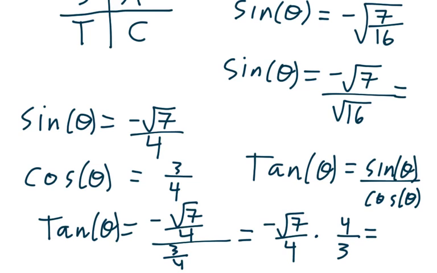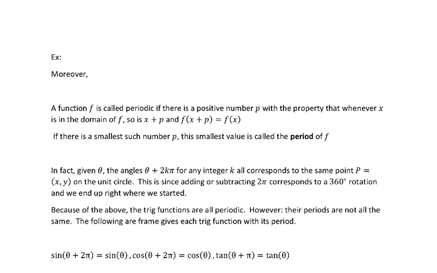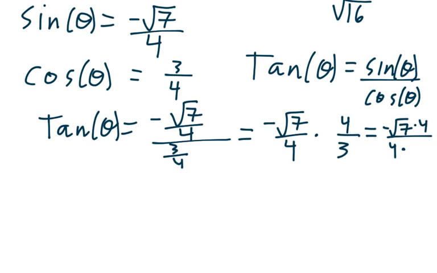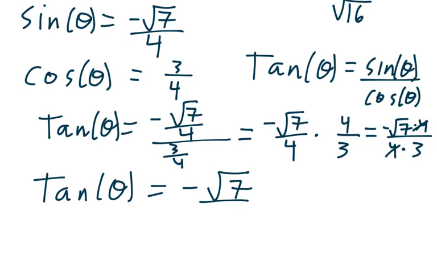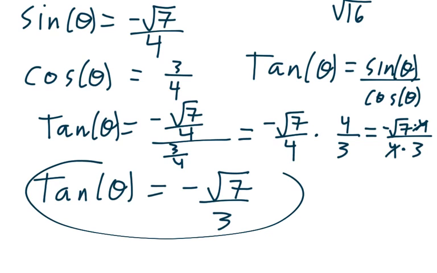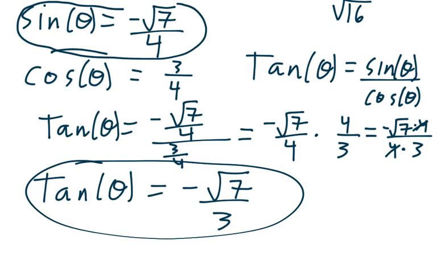So we get negative radical 7 times 4 over 4 times 3. These 4s cancel, and we get tangent of theta is negative square root of 7 over 3. So that's our tangent. Cosine was given, and we calculated sine.